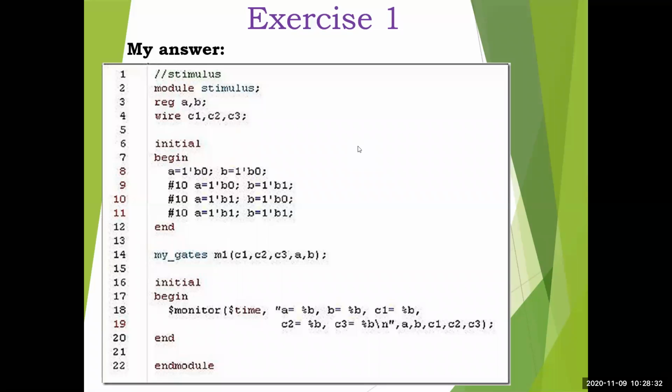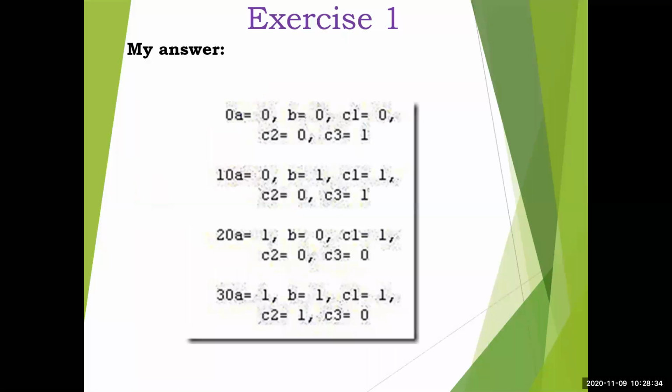We'll see the output now. For 0 0, this is how the display output happens. At time 0, a is 0 and b is 0. C1 is the OR gate, so 0 plus 0 is 0; the AND gate 0 dot 0 is 0; and a is 0, so C3 is 1, the complement of a. Next, at simulation time 10, we have changed the input from 0 0 to 0 1.